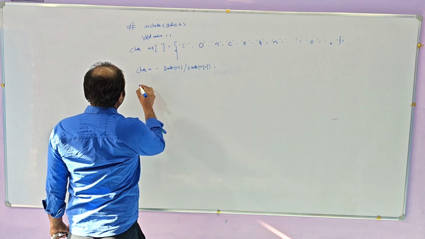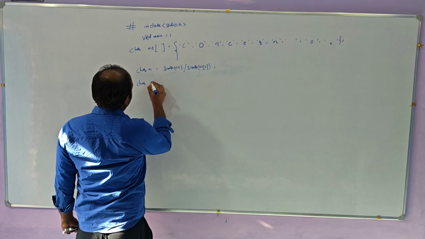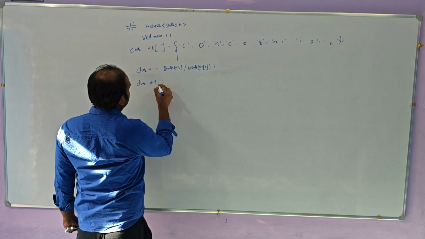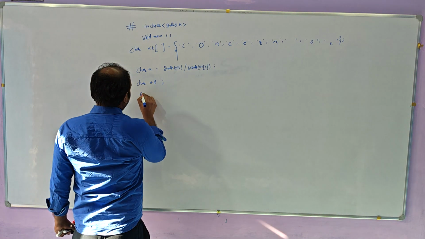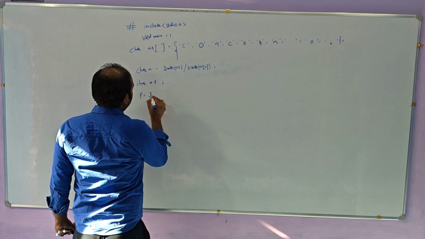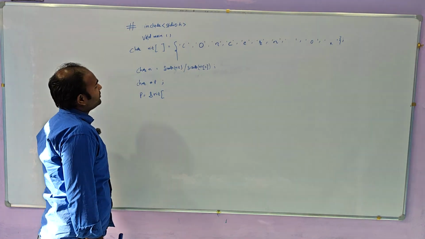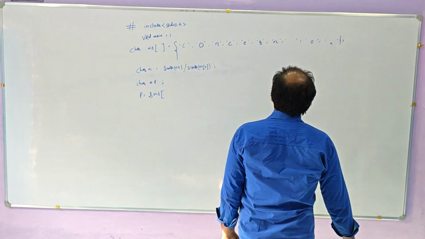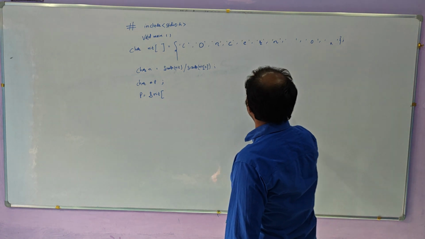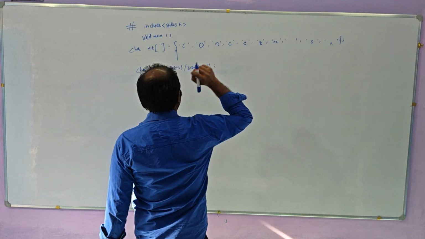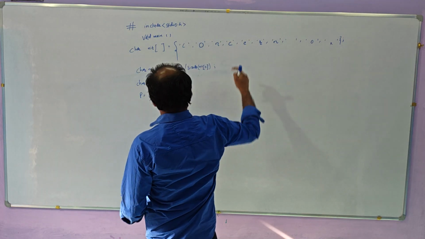Now we need to initialize the pointer like char *p. Now p points to some address of neat. Suppose p points to this location, 0, 1, 2, 3, 4.